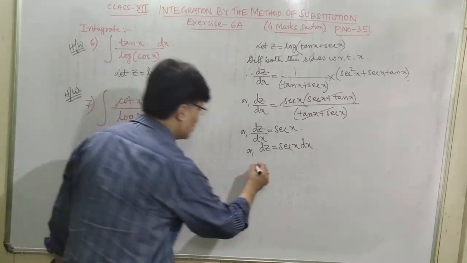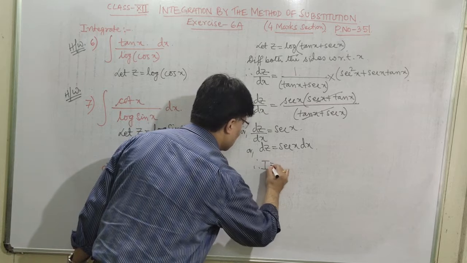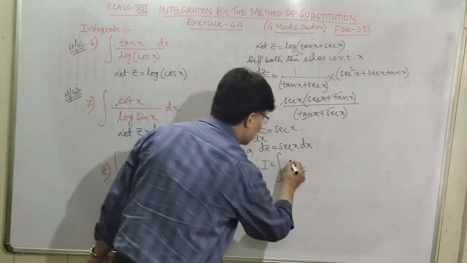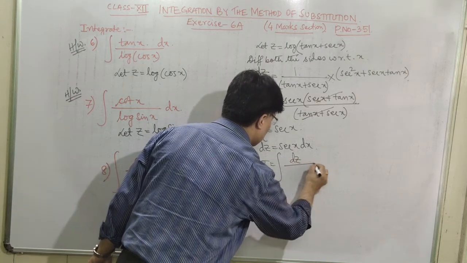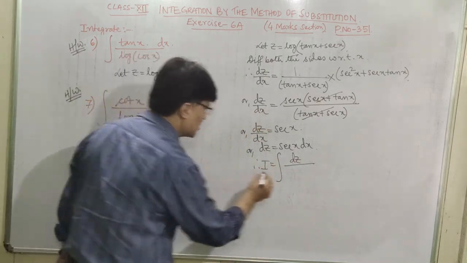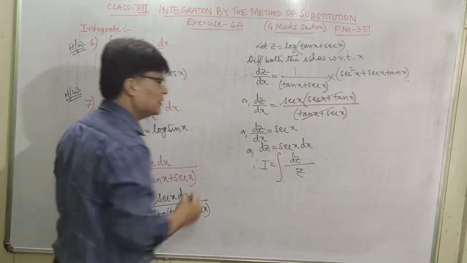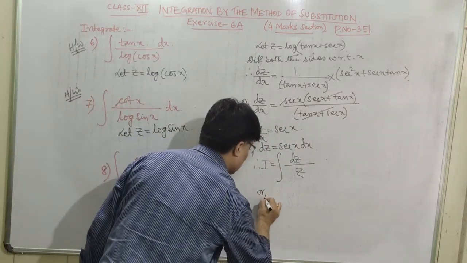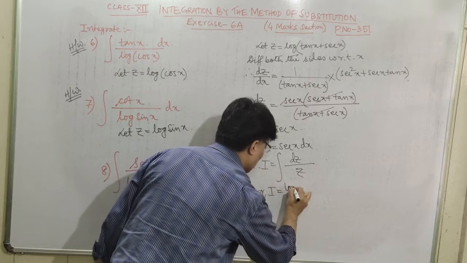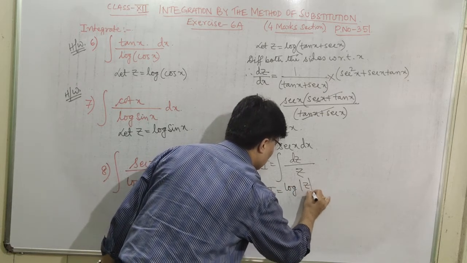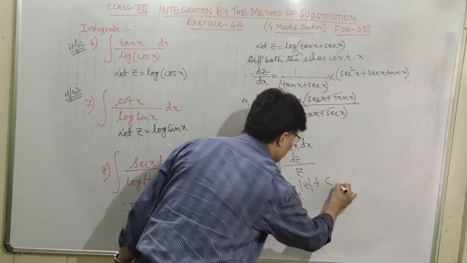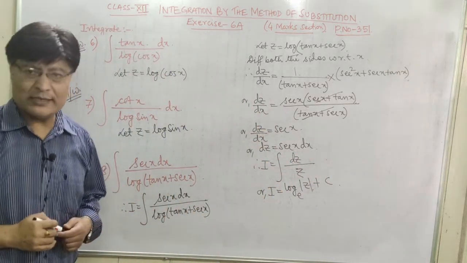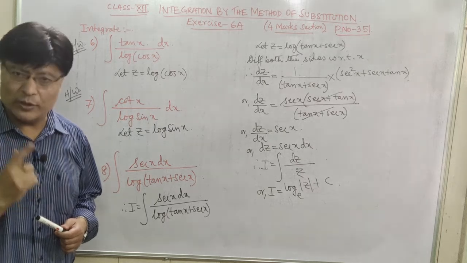So let us put the value here. Therefore I is equal to the integration of, what is sec x dx? It is dz divided by, what is log of tan x plus sec x? It is z. So what is the integration of dz by z? That is log z. Or I is equal to log within mod z, base e, plus c. You know the integration of 1 by z dz is log within mod z.